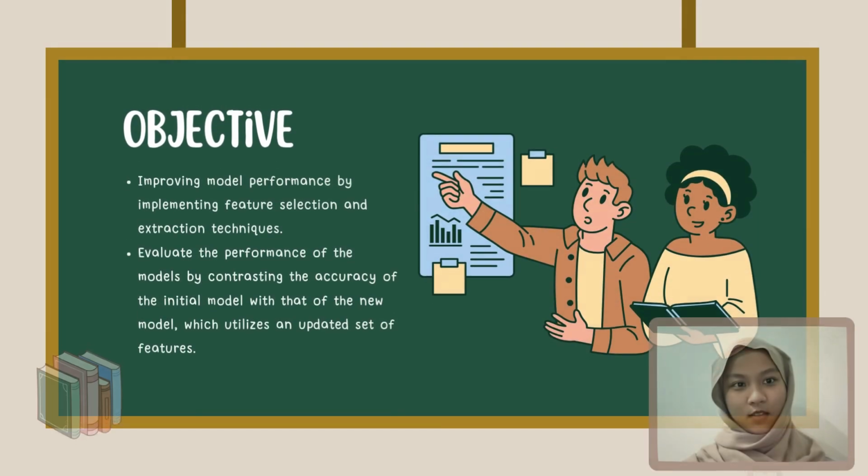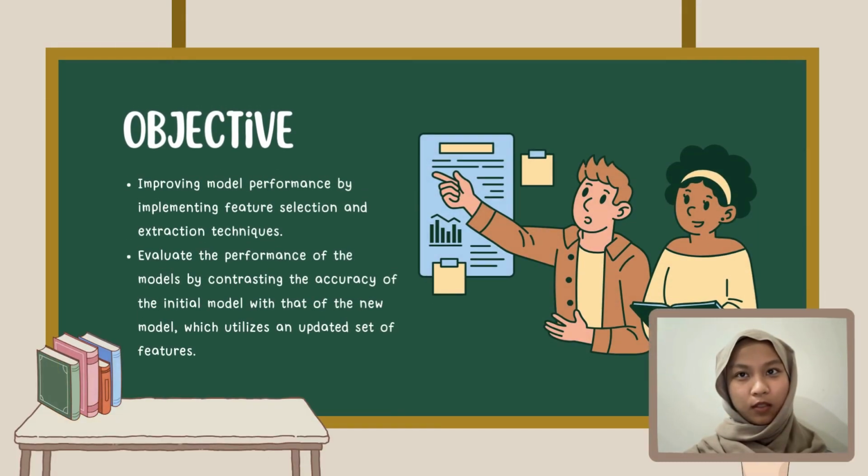The objective of this assignment is to improve the model performance by implementing feature selection and extraction, and also we want to evaluate the performance of both models after implementing and before implementing the feature selection and extraction process.